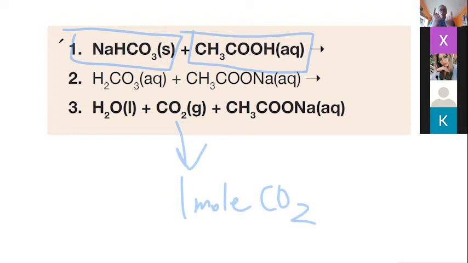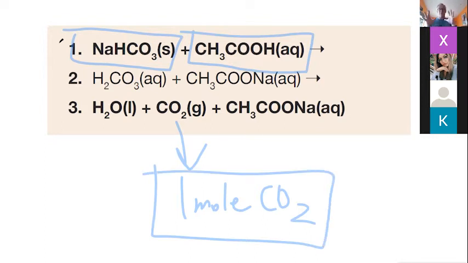This is a 1 to 1 to 1 ratio, so it makes our math kind of simple. We just need to calculate how many moles of CO2 it's going to take to fill our 1.2 liter airbag, and then work backwards and figure out how much acetic acid and how much bicarbonate we're going to need. So let's work out how to do that.